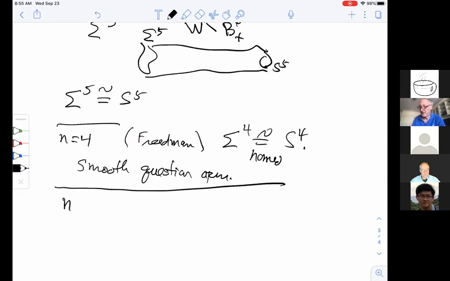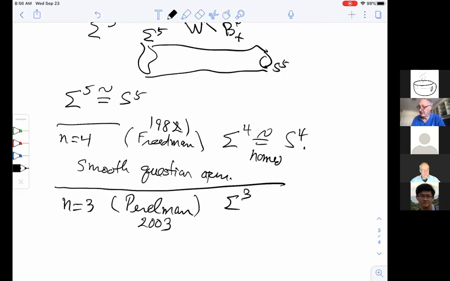N equals 3, a very difficult and completely different sort of argument due to Perelman. Freedman was 1982. Perelman was 2003.